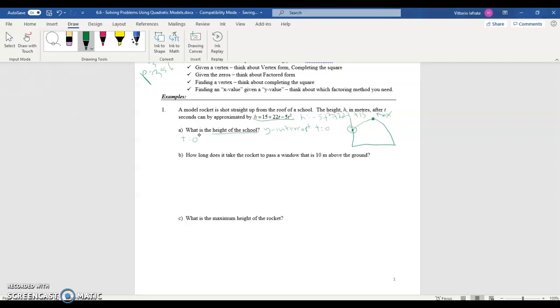And in this case, it's easy to see that when you set time equal to 0, your height is going to be 15, because that is the y-intercept in the standard form. And so this, again, is using our technique of understanding standard form and what the information tells us.